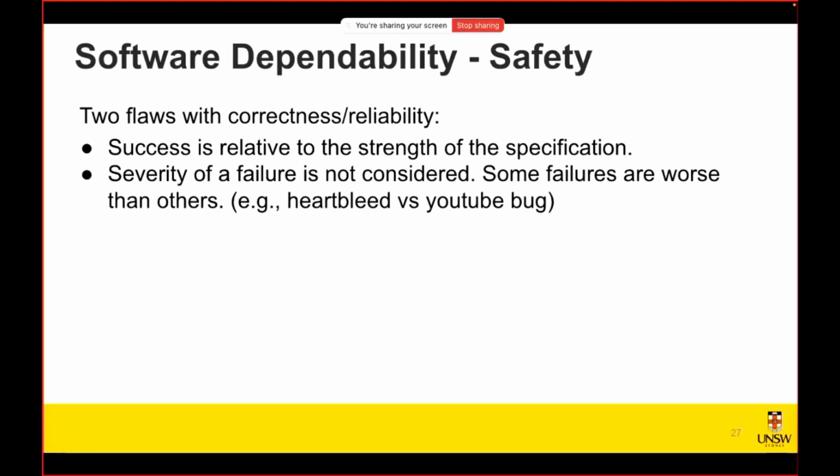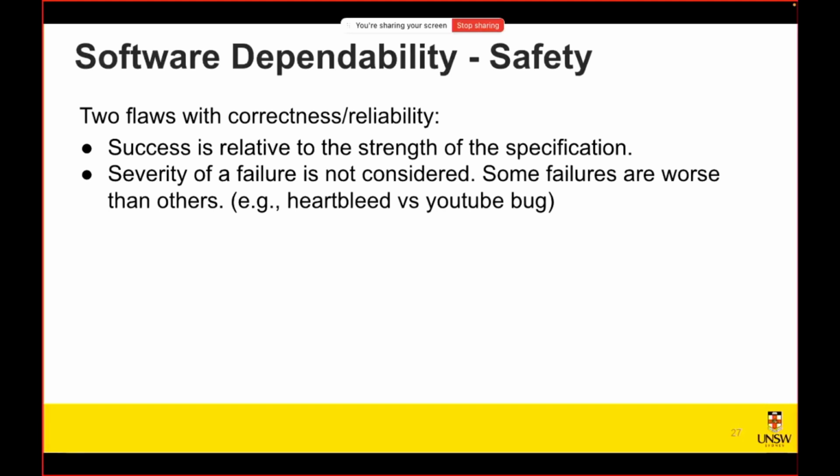Like we just discussed, if the specification is very detailed, then we have a very good golden standard to check against. But if the specification is wrong, or not so detailed, then correctness or reliability may not work as expected.